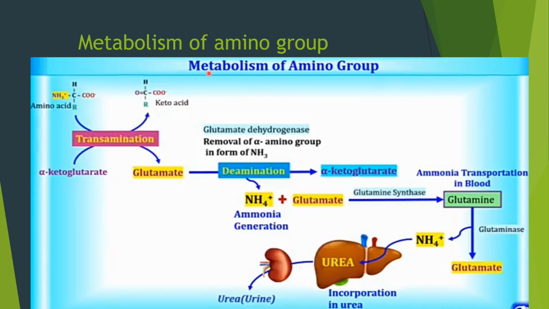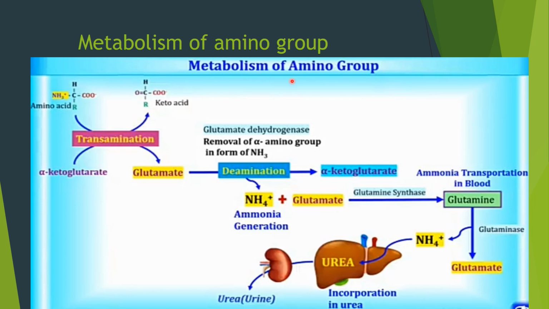In the previous video, we started the metabolism of amino acids and we studied that amino acid metabolism is divided into two parts: the metabolism of amino group and the metabolism of carbon skeleton.